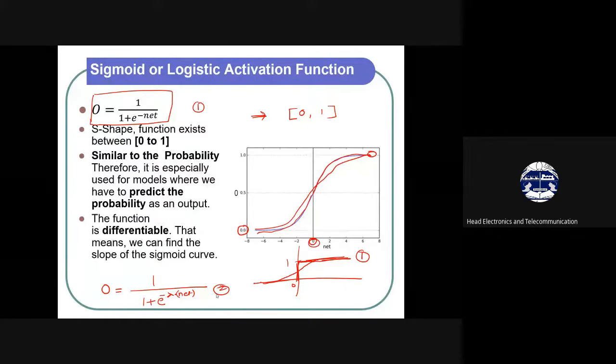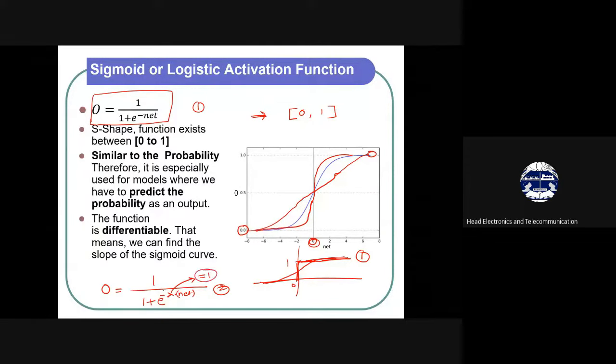If you have a larger value of lambda, then this will be converted into a step function like this. If you have a small value of lambda, then it will move in a sluggish way from 0 to 1, like this.